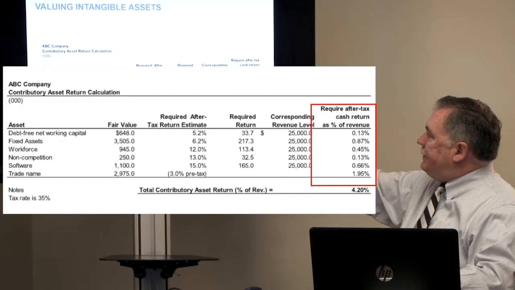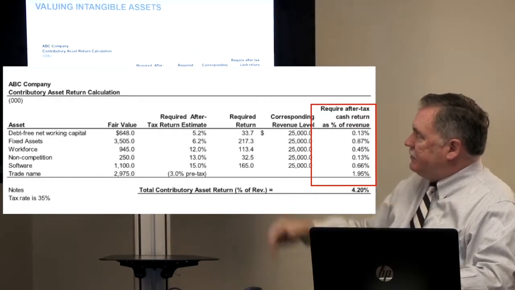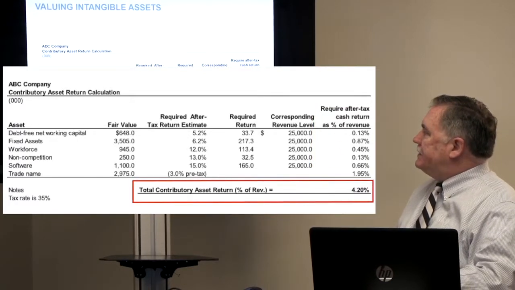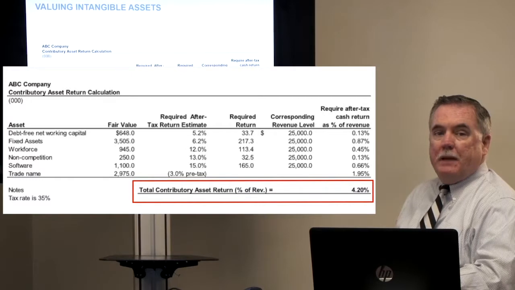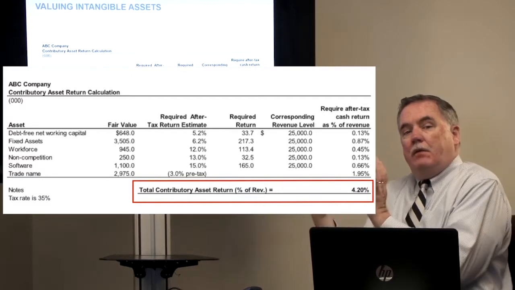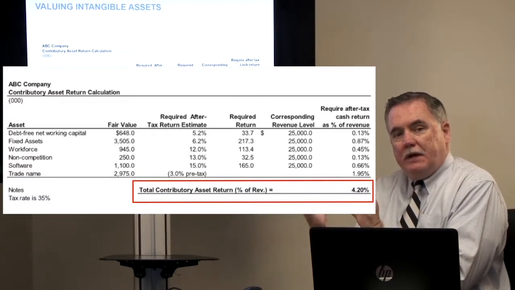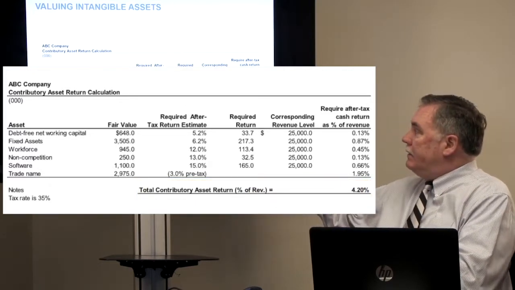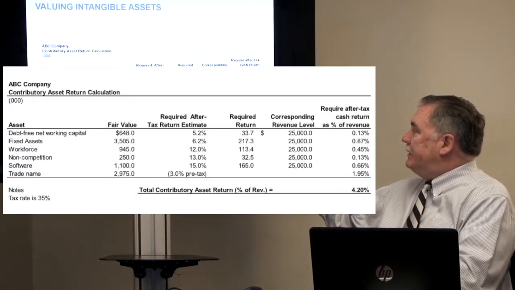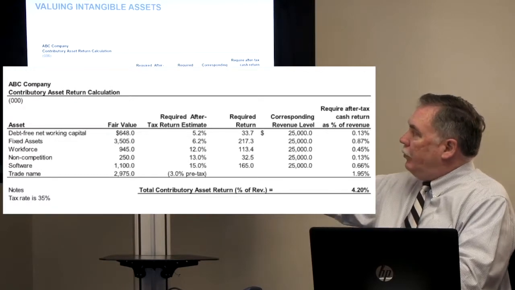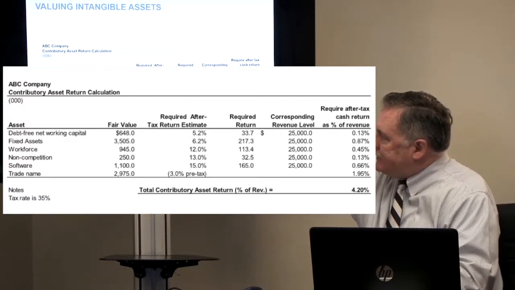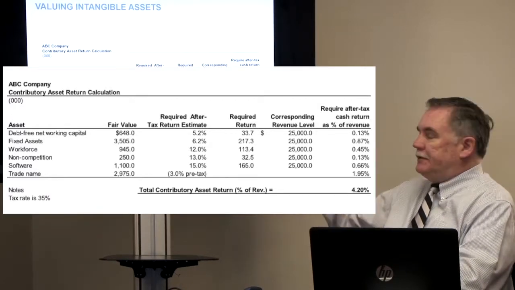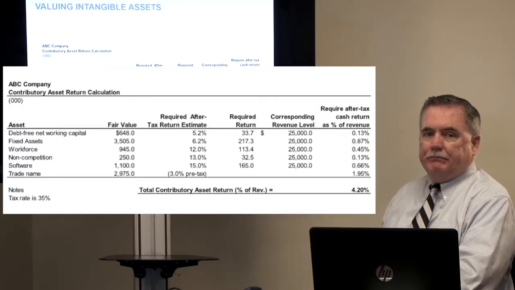We add those up, and that gives us, in this case, for ABC Company, a total contributory asset return of 4.2%, meaning that of the total revenues of the company, the return relative to all those assets, those 6 classes of assets on the left, is 4.2%.